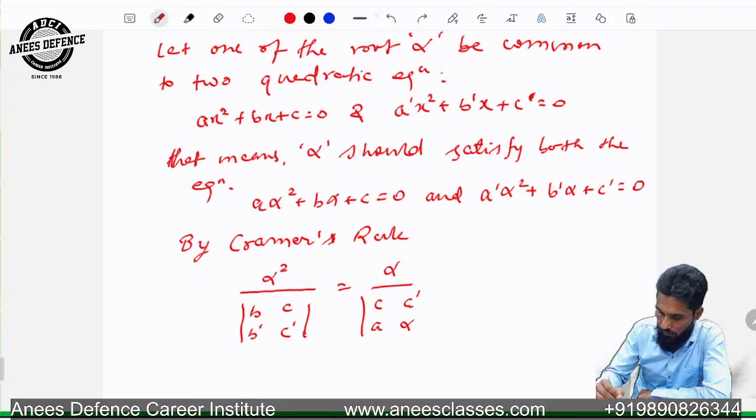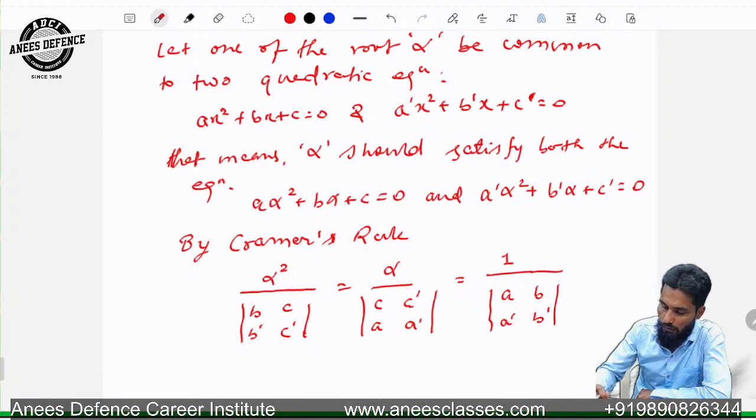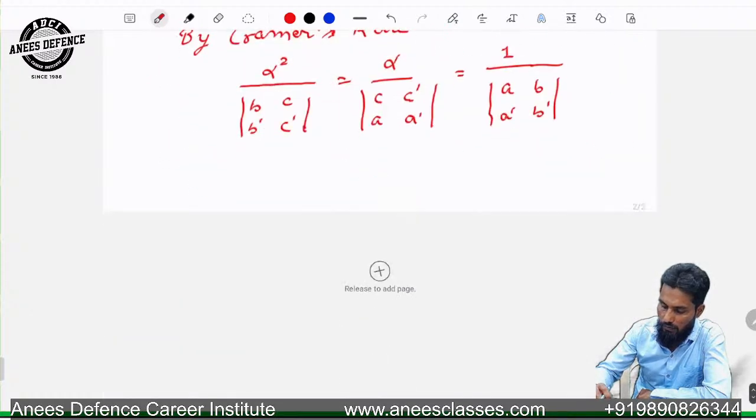Again, constant 1, and the determinant value will become a, b, a dash, b dash. Now we are going to solve it to find the relation.